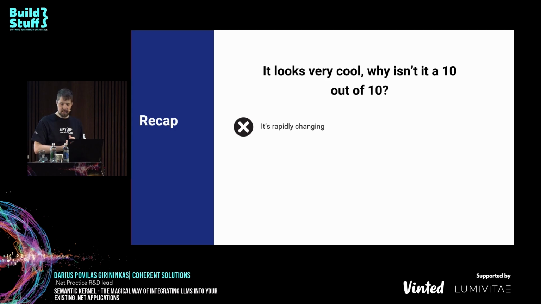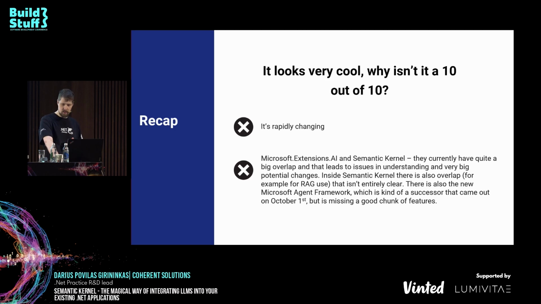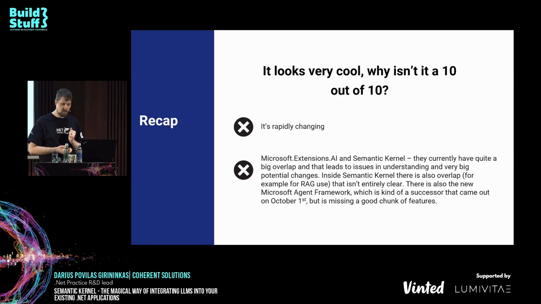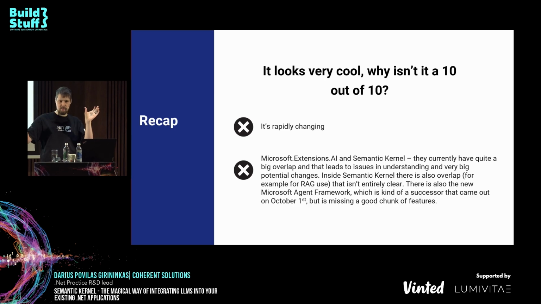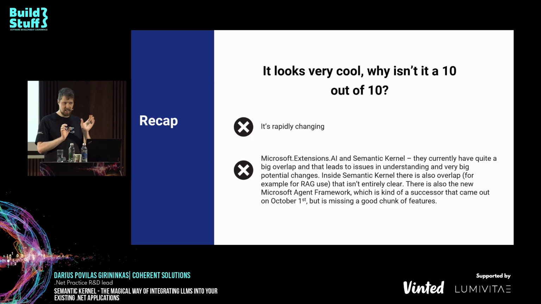That part is complicated. And what is worse, it's a very big bullet point, is that there is a lot of overlap. There is Microsoft Extensions AI, there is Semantic Kernel, and now there is Microsoft Agent Framework, and they all do the same thing. I'm not joking. They have the same interfaces that do the same thing, but they do it in a different way.